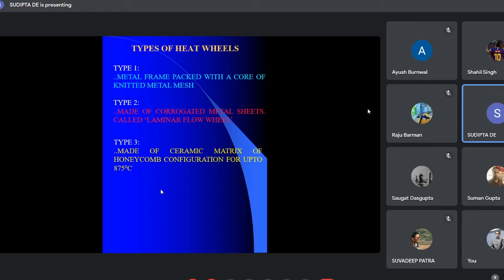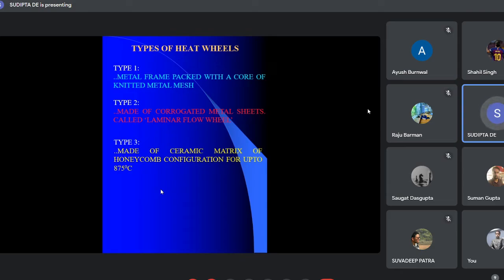Nature has made it. Honeycomb structure is a very special, typical structure in which it is very compact, overall volume will be less, but the corresponding heat transfer surface area will be more. Even the pressure drop will not be that significant.